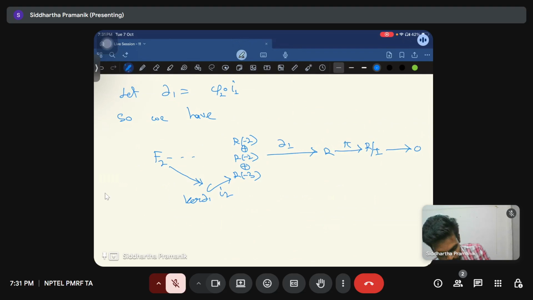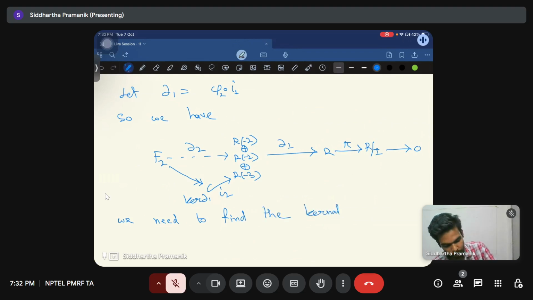Then we can construct this free resolution by taking the composition. So first we need to find this kernel of delta 1.